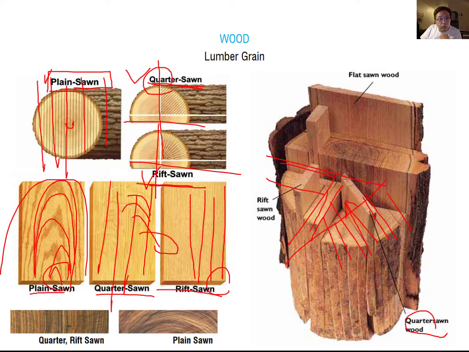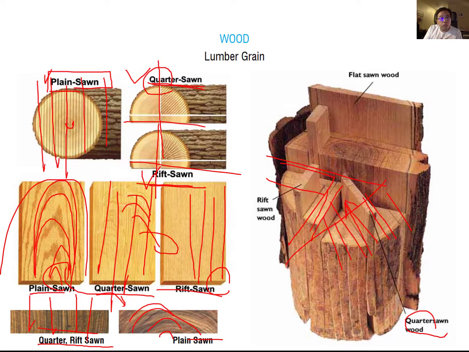So you can simply understand the quarter sawn and the plain sawn. The plain sawn shows more of the annual ring, and the quarter and rift sawn mostly show a vertical pattern. Okay, so I just summarize one more time to understand better the plain sawn, quarter sawn and rift sawn. They are different cutting methods depending on the orientation.